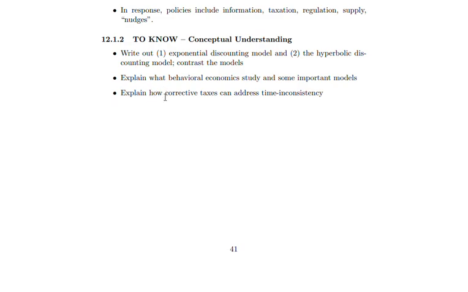Or explain how corrective taxes can address time inconsistency. Maybe you need to erect a commitment device in order to achieve a certain goal. You may lose motivation, so you need to erect a commitment device to ensure you achieve that goal effectively.